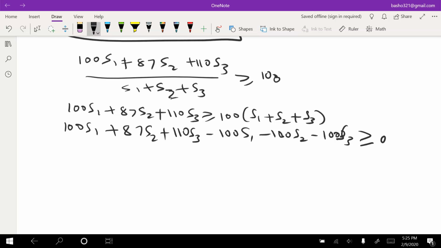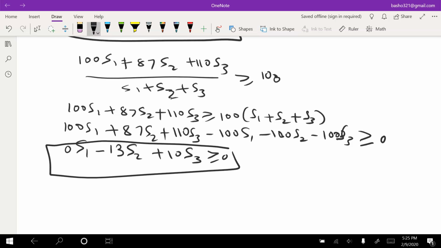That will further simplify as 0 S1 minus 13 S2 plus 10 S3 greater than or equal to 0.